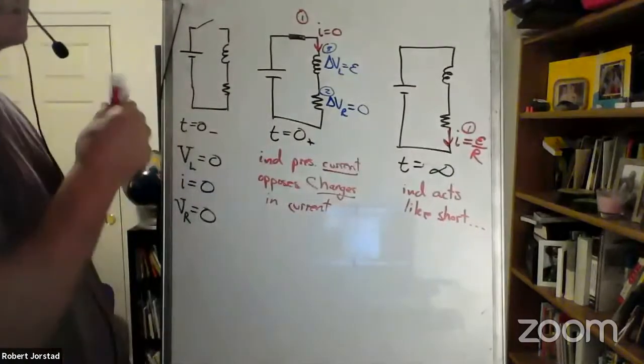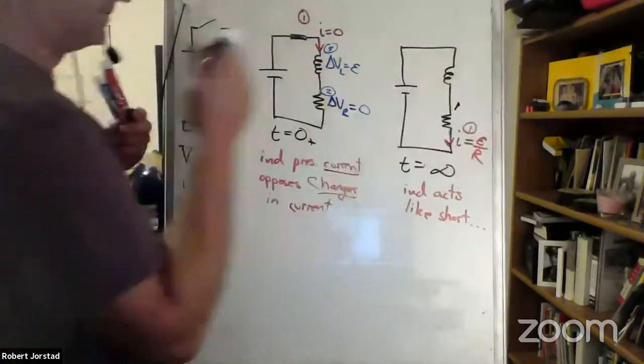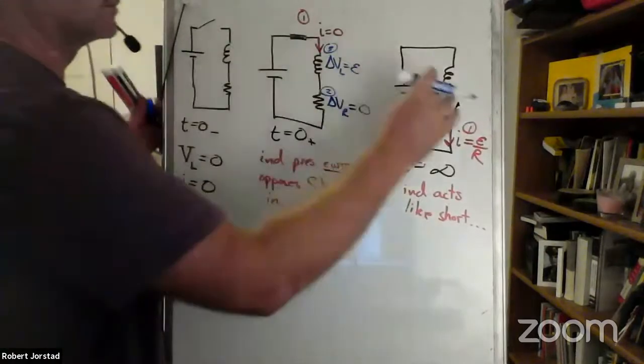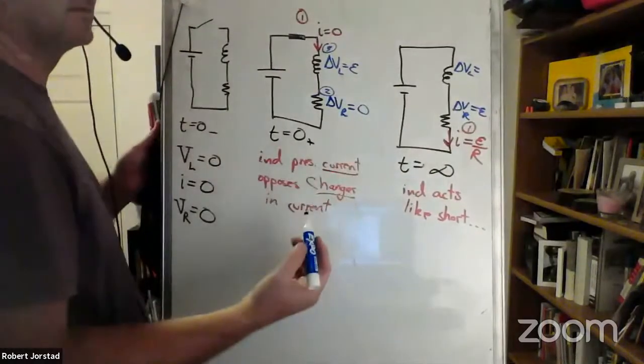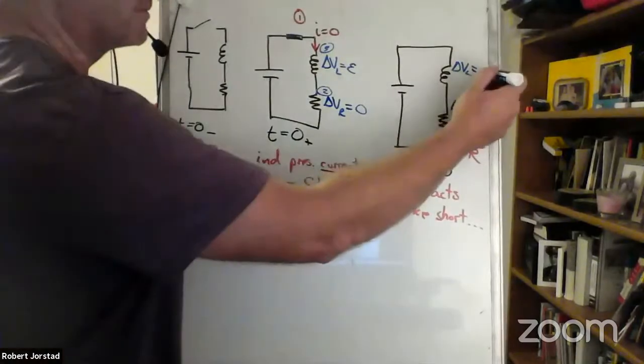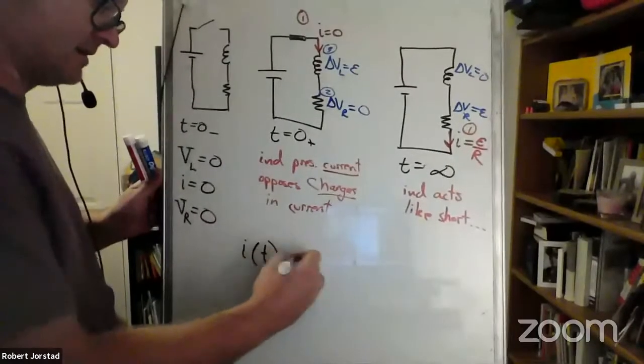So what does that tell us about the voltage? The voltage is E. So what does that tell us about this voltage? 0, by KVL. So now, what's the current as a function of time?